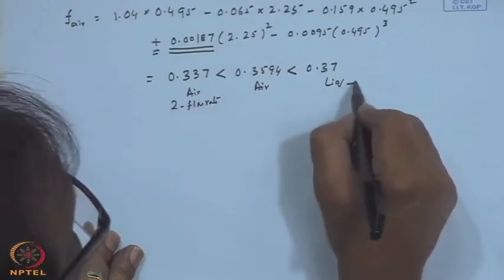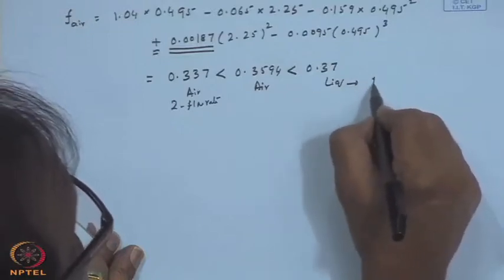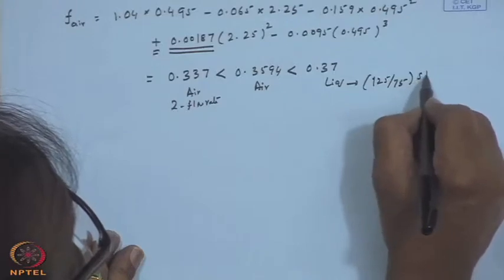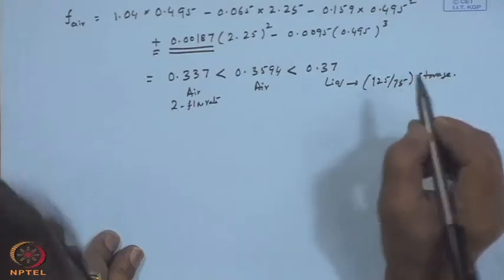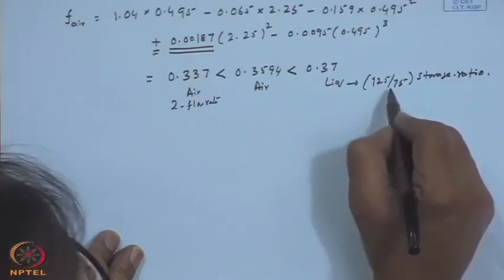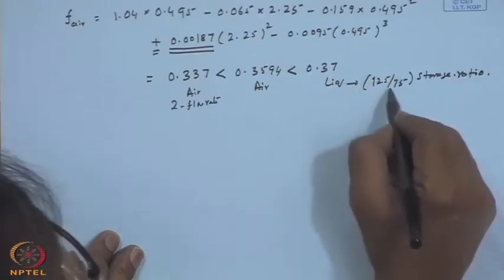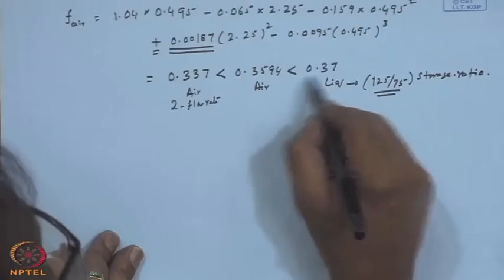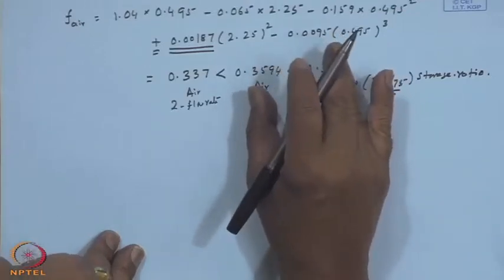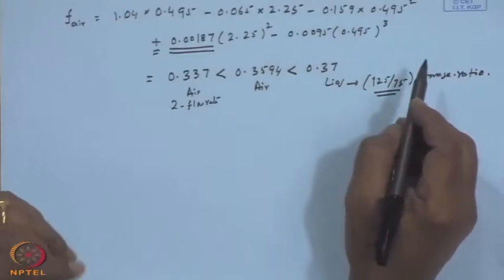Of course, this liquid is at 125 by 75 storage ratio. Okay. So, this is at a higher storage. So, if you bring down the storage of this, it may be comparable. This is 36 and 37. There may not be much difference between these two. That is what we should not forget.